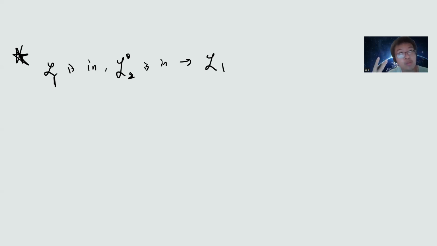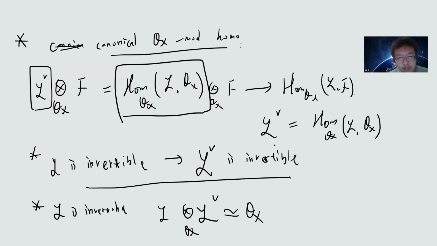If you have two one-dimensional vector spaces, then their tensor will still be one-dimensional. So L1 tensor L2 will also be invertible. Okay, so from the previous one, we know that there is a dual, and obviously, due to the module property, if you take OX module tensor L, it will be the same as L.